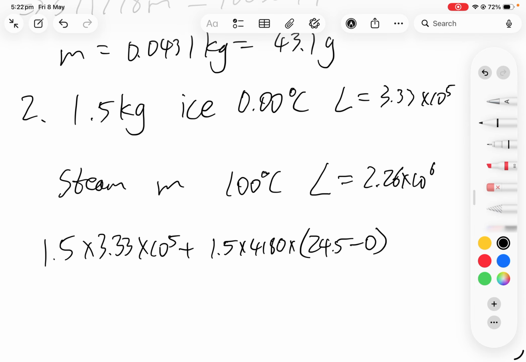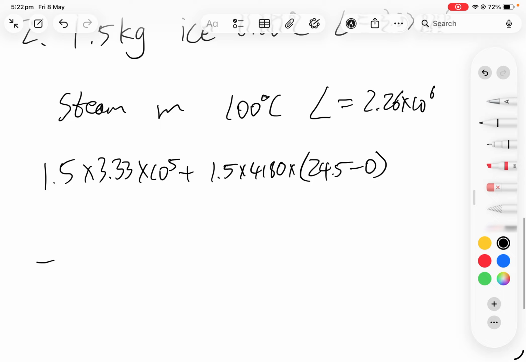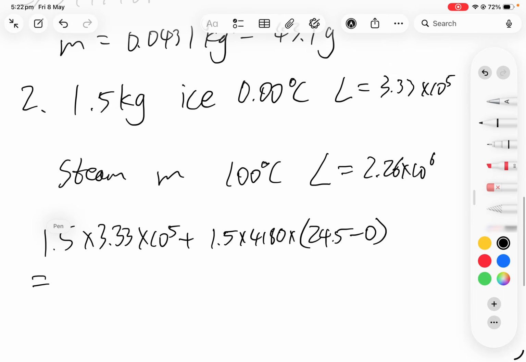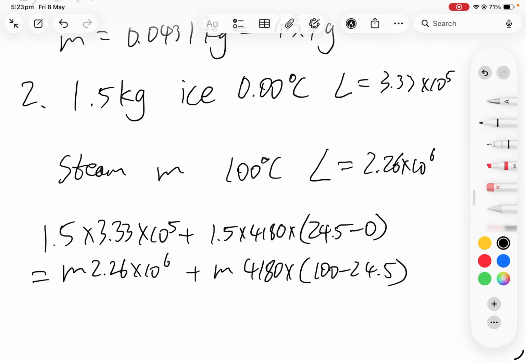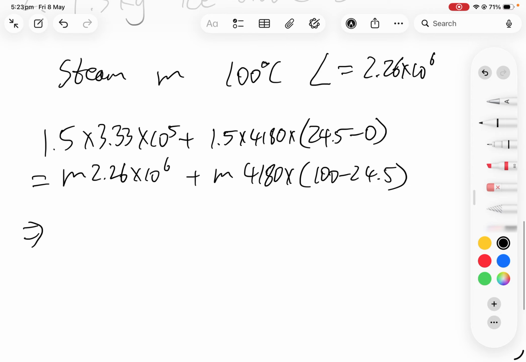And this will equal m times 2.26 times 10 to the power 6, and now everything's water from steam, plus m times 4180 times 100 take 24.5.